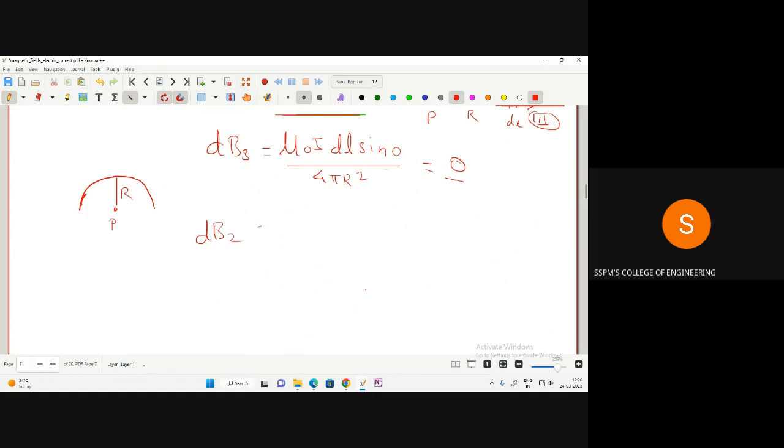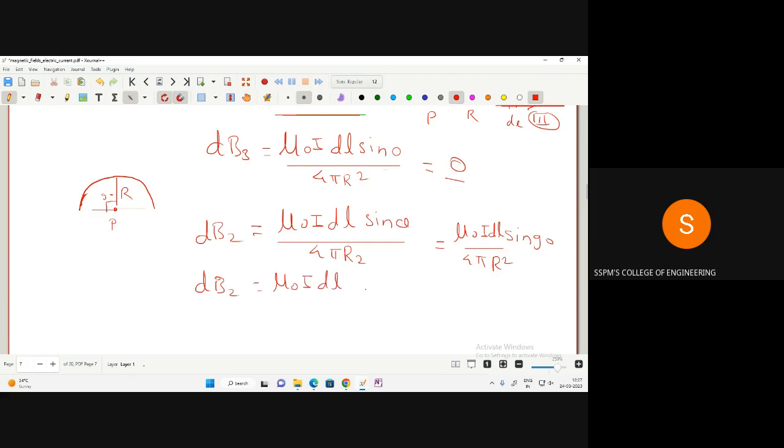And dB2 according to Biot-Savart law, it is mu 0 I into dl sin theta divided by 4 pi r square. आता हा बघा अँगल, हा अँगल किती असणार आहे विथ रिस्पेक्ट टू दिस ऍक्सिस, 90. साइन 90 इथे घ्यायचं. म्हणजे काय येणार इथे बघा, म्यू 0 I डिवायडेड बाय 4 पाय r स्क्वेअर आणि साइन 90 इज 1 इंटू dl पण येणार आहे. तर dB2 काय आलं बघा, फायनल आन्सर इज म्यू 0 मल्टीप्लाय बाय I dl डिवायडेड बाय 4 पाय r स्क्वेअर आलं. तर हे एका सेगमेंटचं काढलं आपण, स्मॉल सेगमेंटचं.